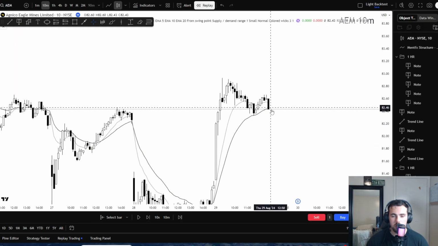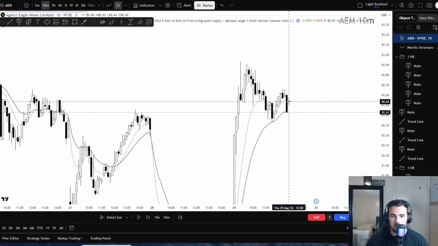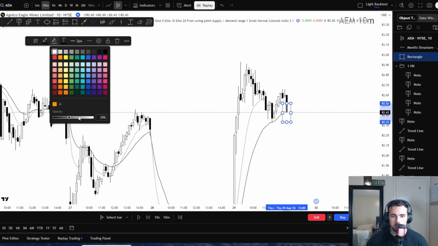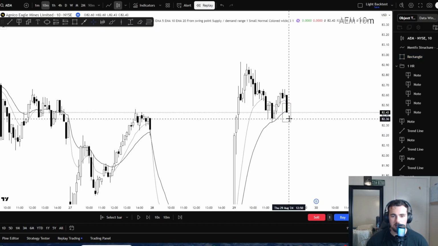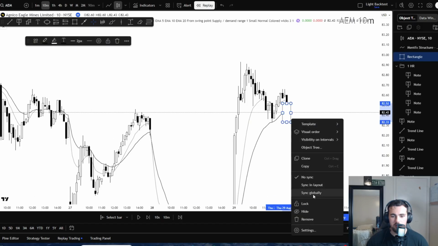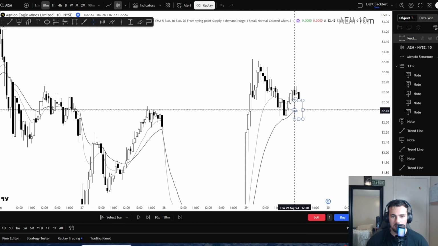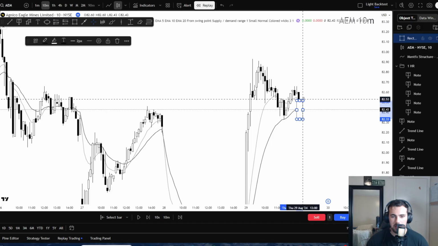This is too much down for me. If this candle was a bit shorter here, let me see if I can white out this candle here. Okay. If this, let me move this above everything. Visual order, bring to front. If this was like that, this 20 moving average would be kind of coming up more.